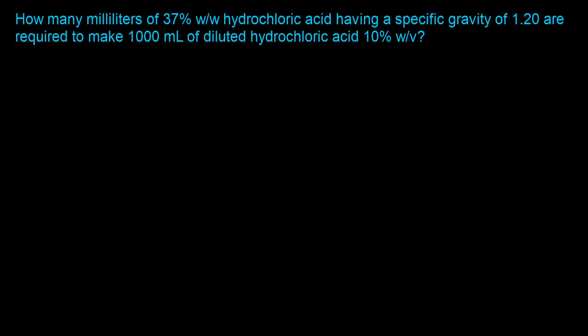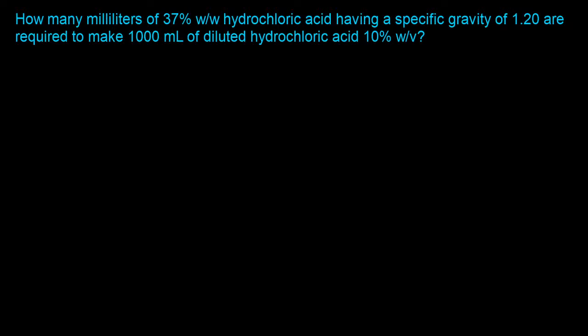The first question says, how many milliliters of 37% weight by weight hydrochloric acid having a specific gravity of 1.2 are required to make 1,000 milliliters of diluted hydrochloric acid 10% weight by volume?